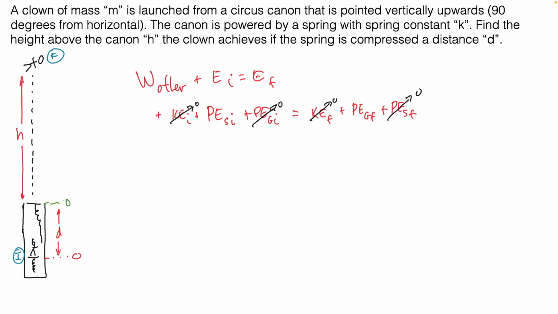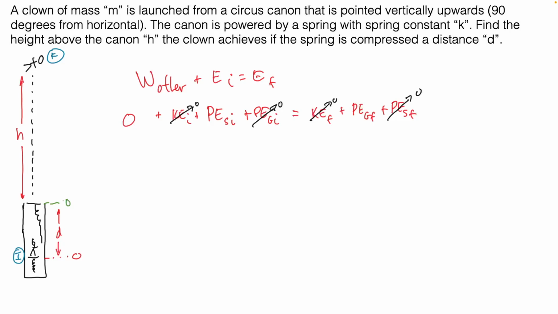We're ignoring air resistance still. So, always ask that question: are there any forces that aren't gravity or a spring that I need to take into account in this problem? There's no friction here, no other forces. The clown doesn't have a jetpack or parachute or anything else. Nothing else is pushing or pulling on the clown. So my work other in this case is going to be 0.